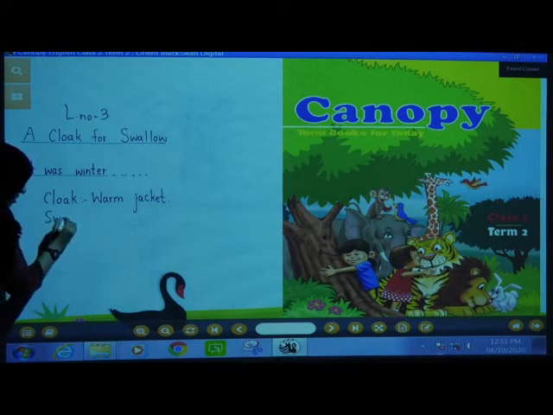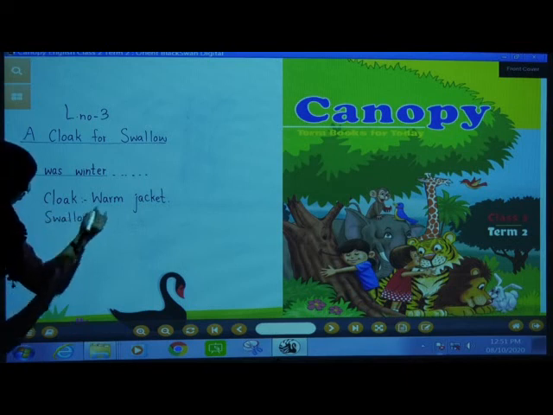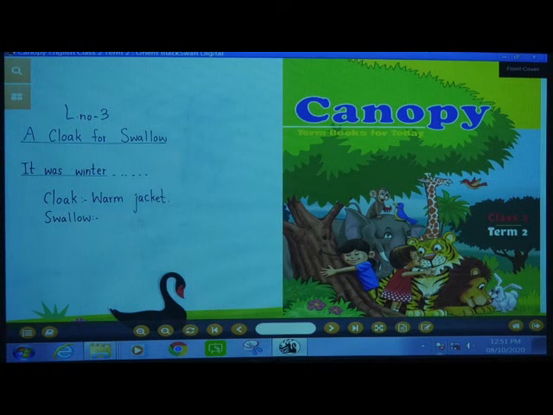And next is swallow. Swallow means what? Swallow is the name of a small bird with a pointed V-shaped tail. A small bird with a pointed V-shaped tail.